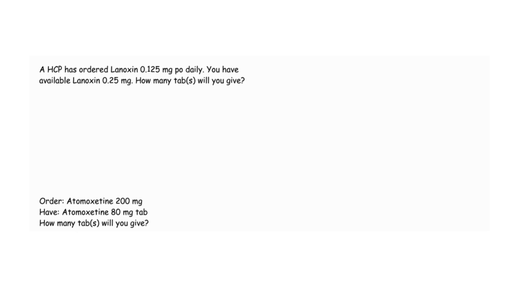Now remember, if you do not know how to do D over H times Q, or you need a better review, go back to our first lesson of the series of dosage calculations. I'll provide the link here, and you can review what D over H times Q means and how to work those problems.